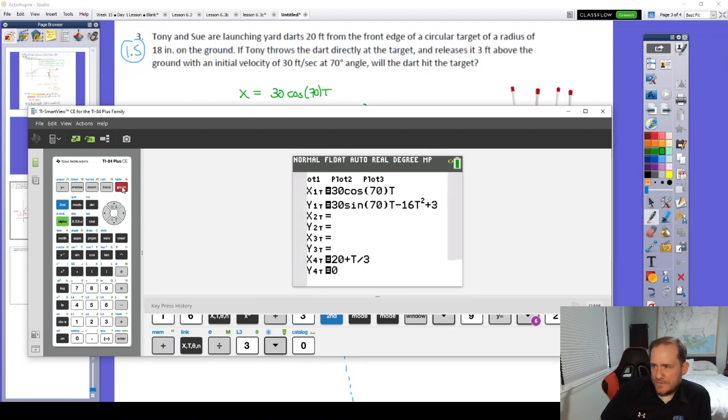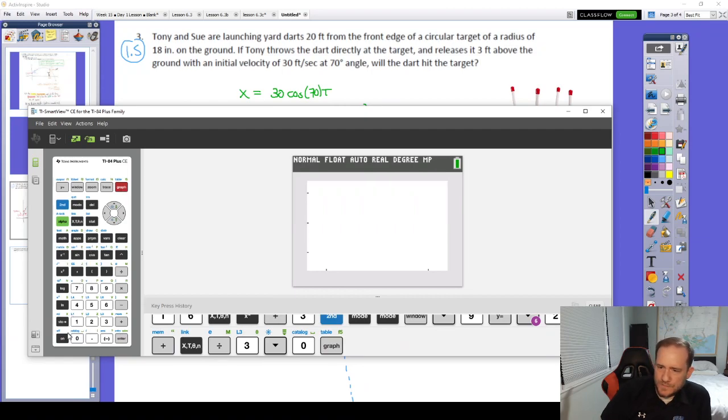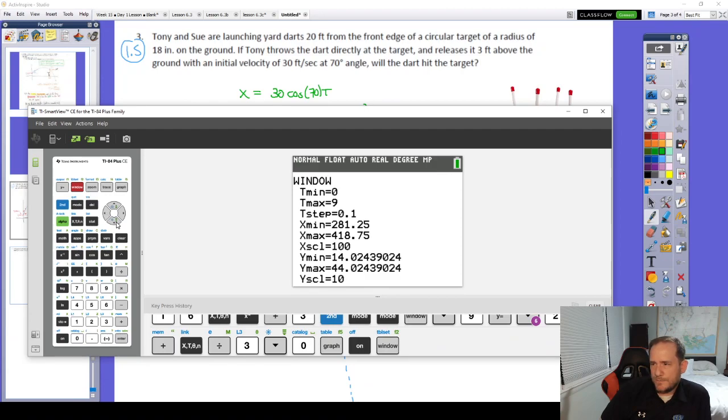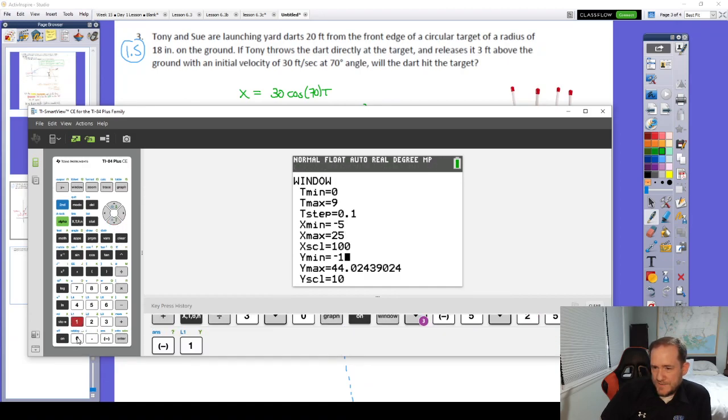Now when I hit graph, the window, unsatisfying. I guess that's good. Let's go -5 out to 25. We know the target's at 23, right? The y stuff would be -10 feet. How high is Tony throwing this? 30? Let's try 30.